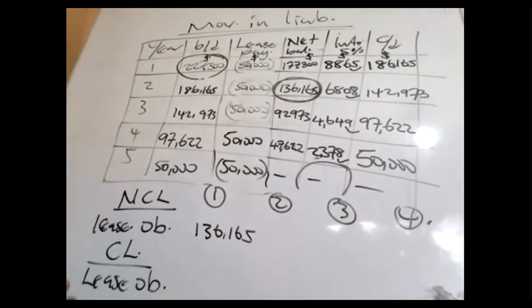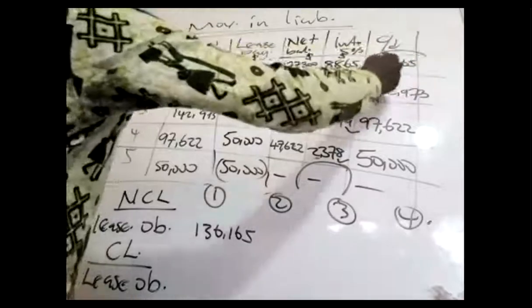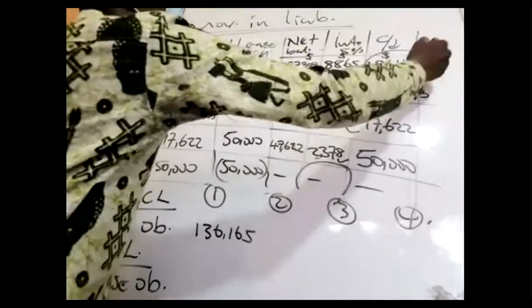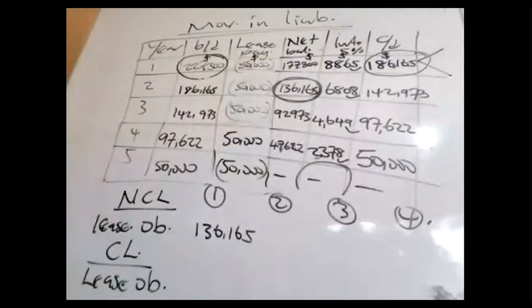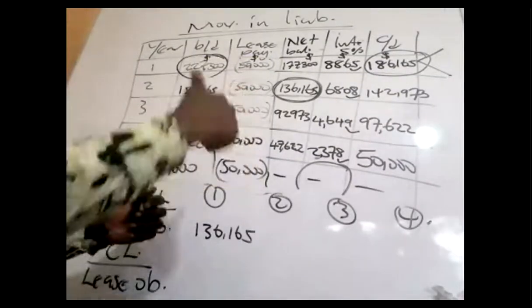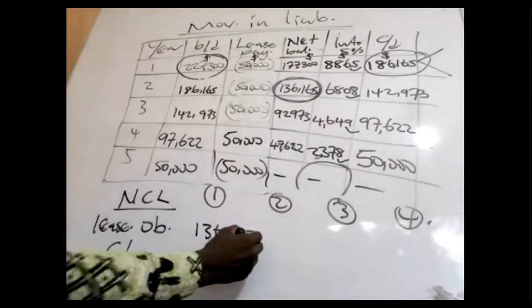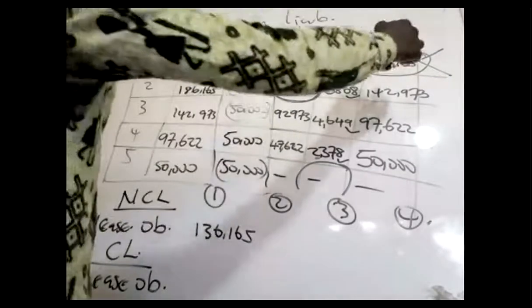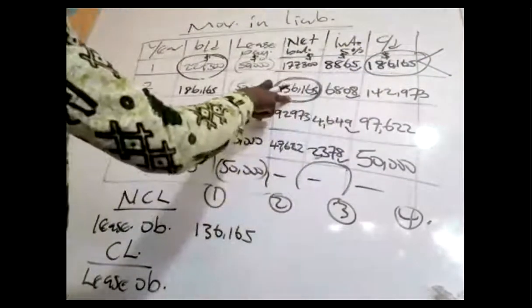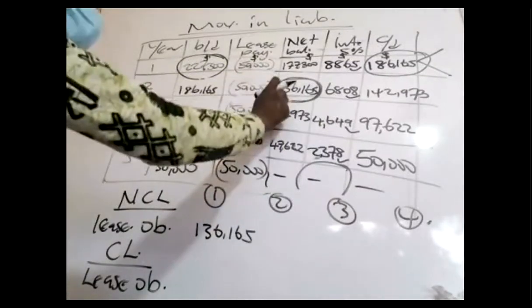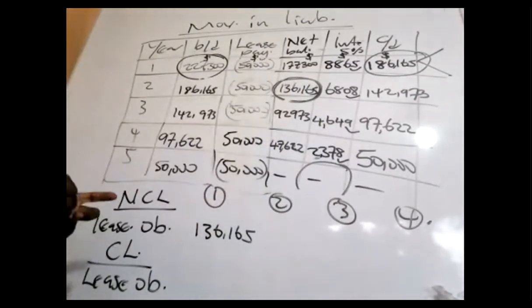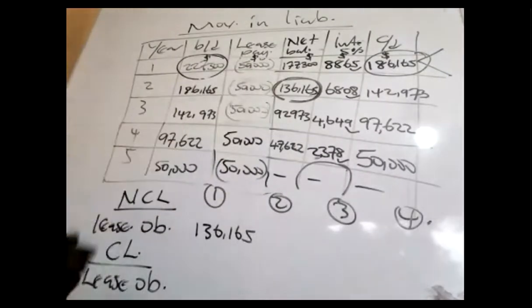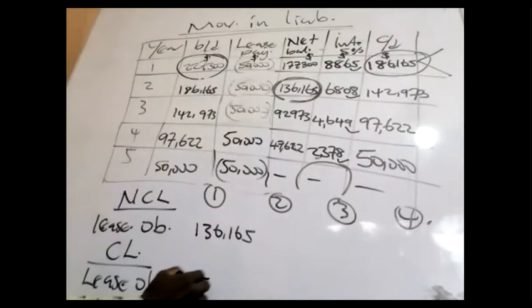Now let's proceed. This closing balance is the total liability for the first year, which we have to divide into current and non-current. If this is the non-current, what will be the current portion? Don't worry yourself. Tell the examiner that the answer is 50,000.